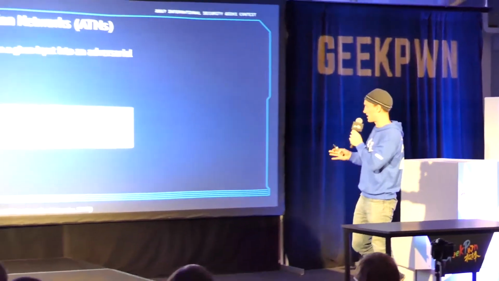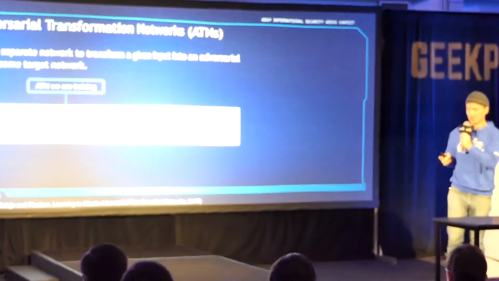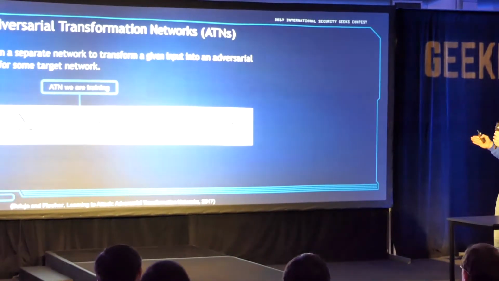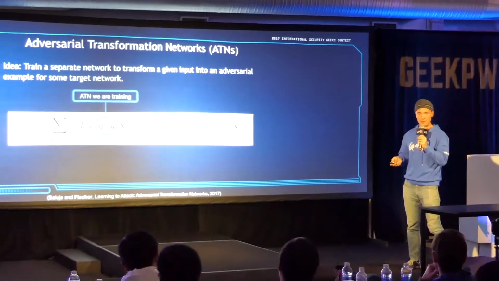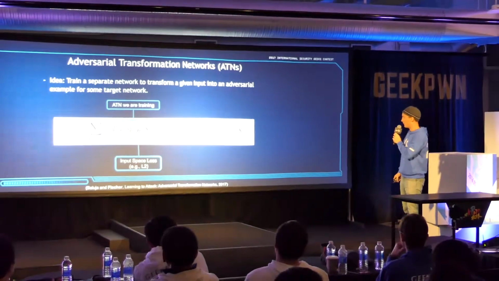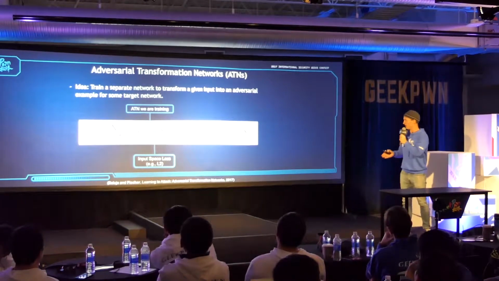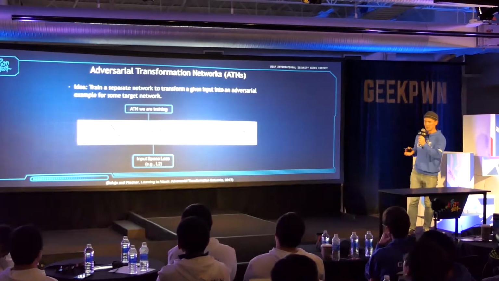The math for this is actually fairly straightforward, even if it doesn't look it. This G function is going to be the adversarial transformation network that we are going to train. And there's going to be 2 components of the loss. The first is this input space loss.